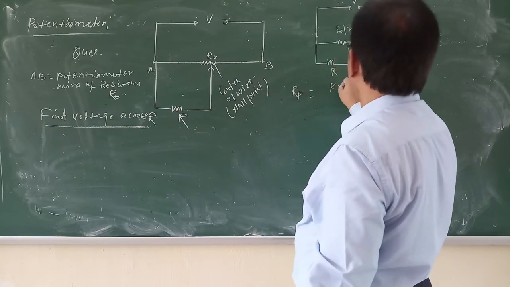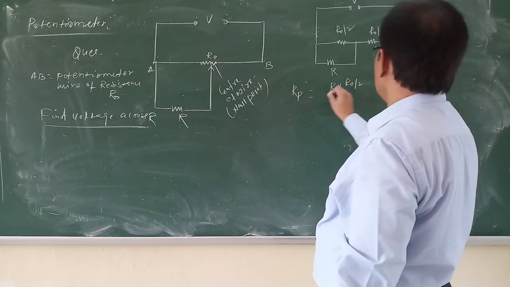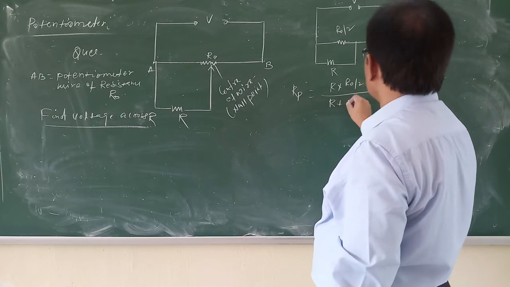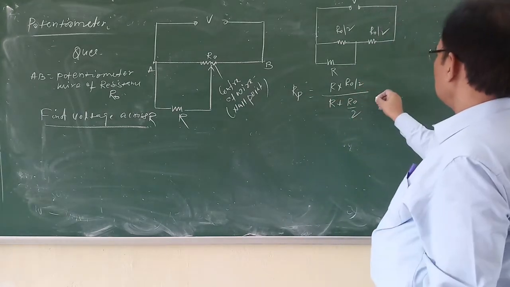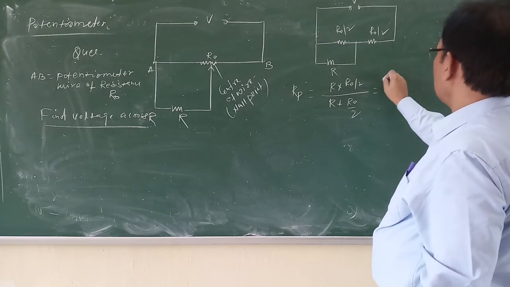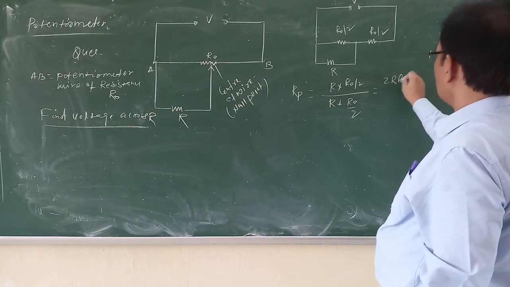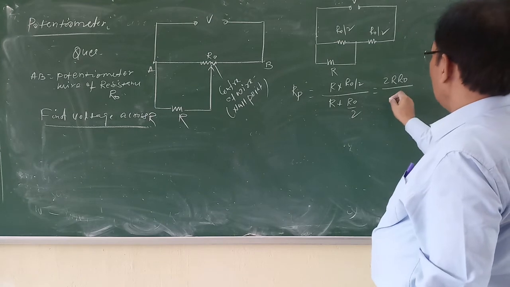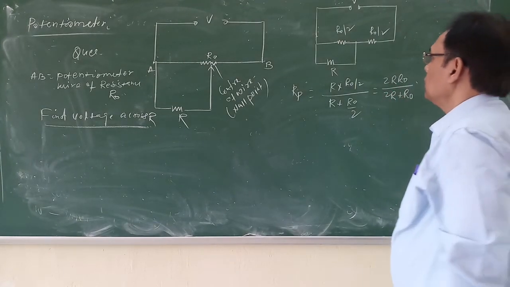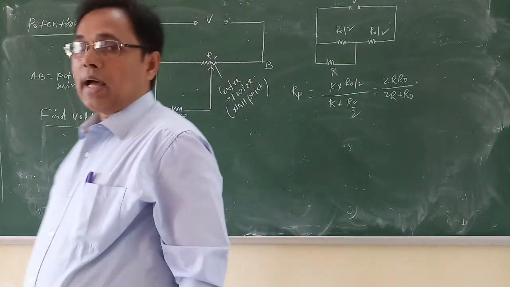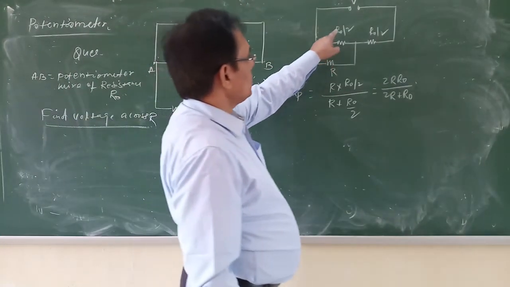Rp equal to R into R0 by 2 over R plus R0 by 2. So that will be 2RR0 by 2R plus R0. This is the parallel of these two.